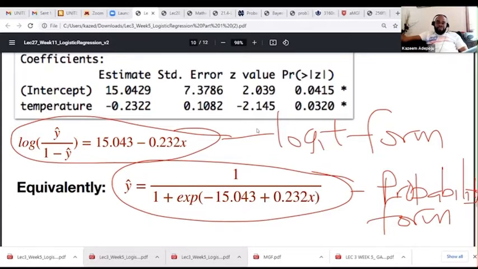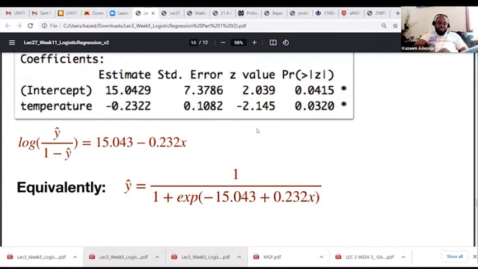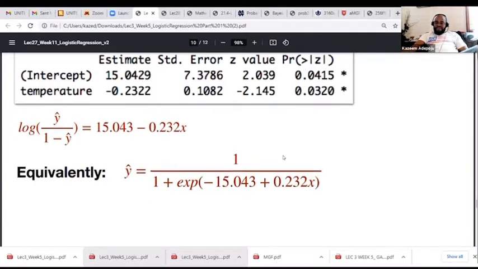So you may want to say it in the log odds form, the logit form, or you may want to have it in probability form. So I think I've just shown you how you can write out the fitted model.